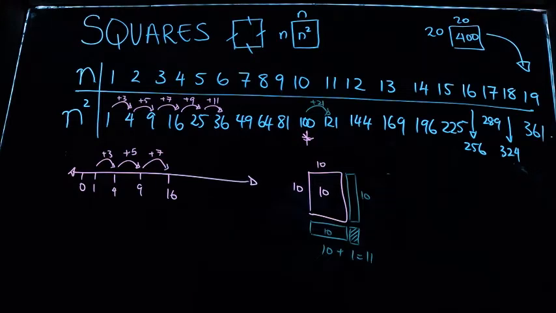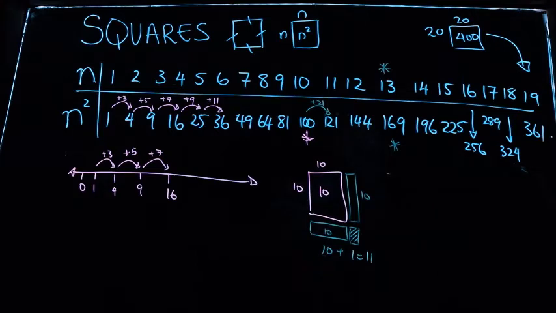And what we need to think about now is some sort of rule that we can apply. For example, I've got 13 squared here, and I want to know how many blocks I need to create 14 squared. All right.